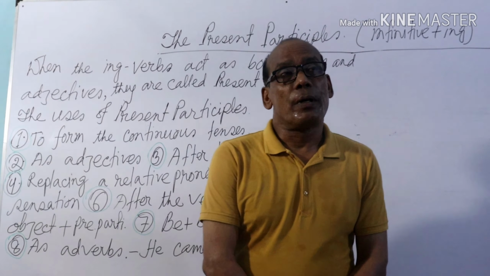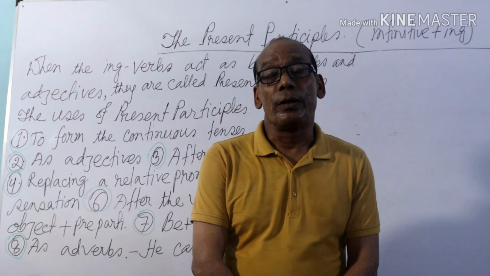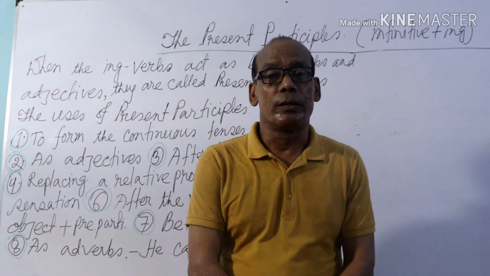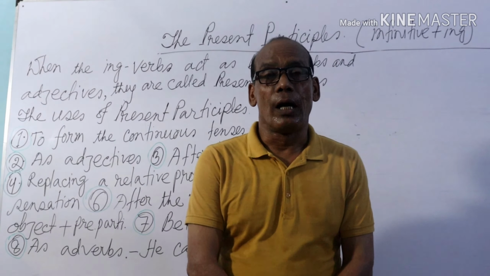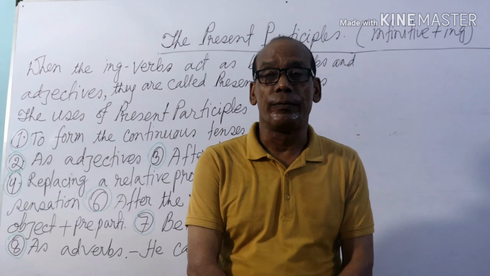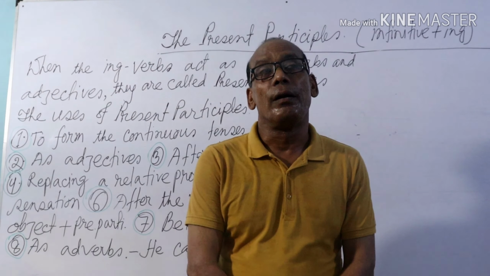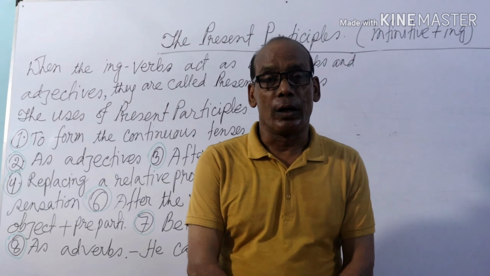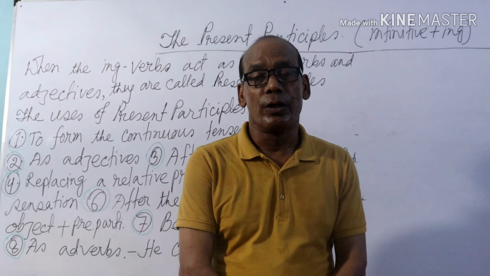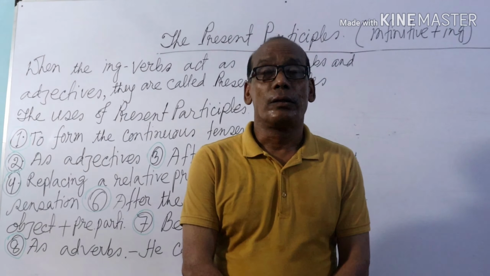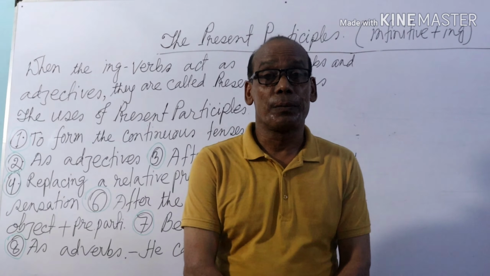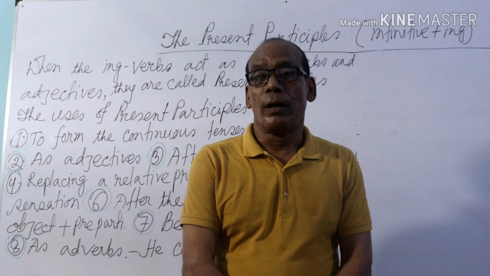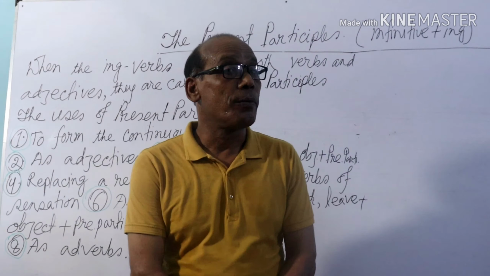And the past participles are also used in making perfect tenses. Suppose in present perfect tense, I have done the work. Here, done is past participle. In the past perfect tense, I had done the work. In future perfect tense, I shall have done the work. And also past participle is used in making passive voice.